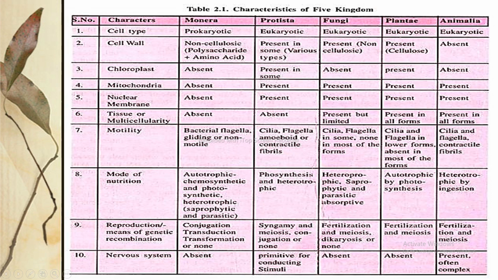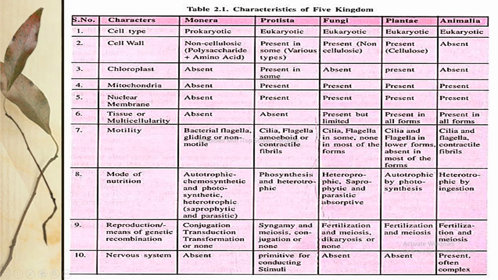Mode of nutrition: autotrophic, chemosynthetic and photosynthetic; heterotrophic, saprophytic and parasitic; photosynthesis and heterotrophic; saprophytic and parasitic, absorptive; autotrophic by photosynthesis; heterotrophic by ingestion.